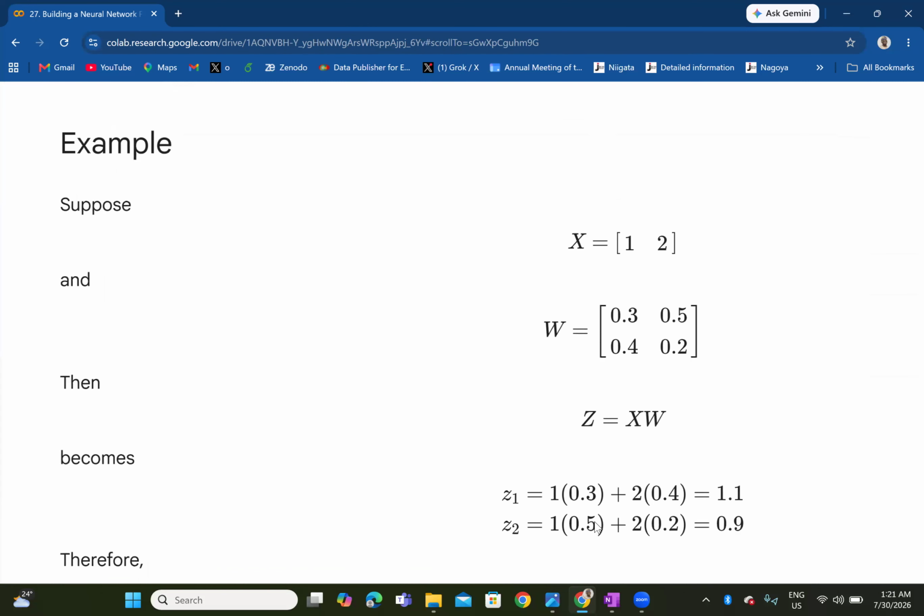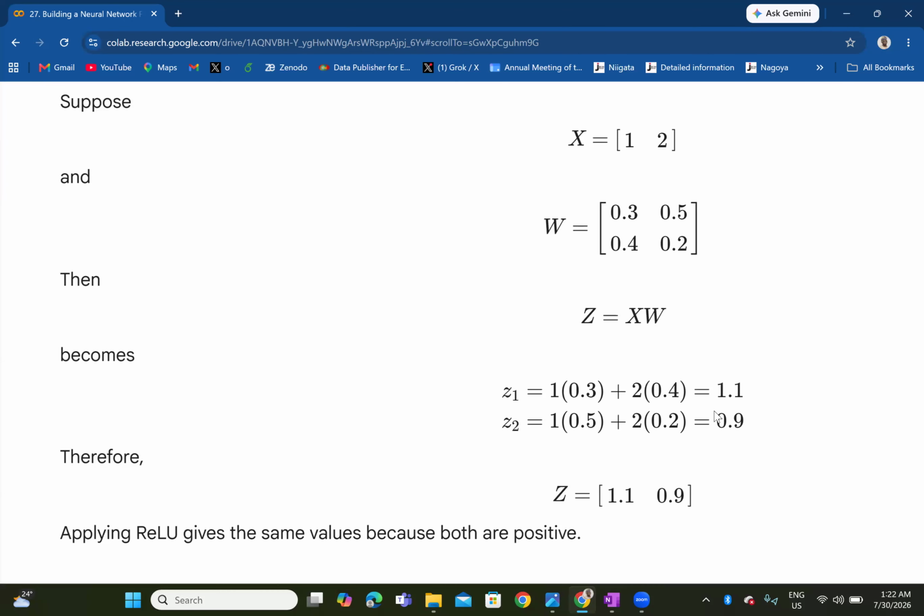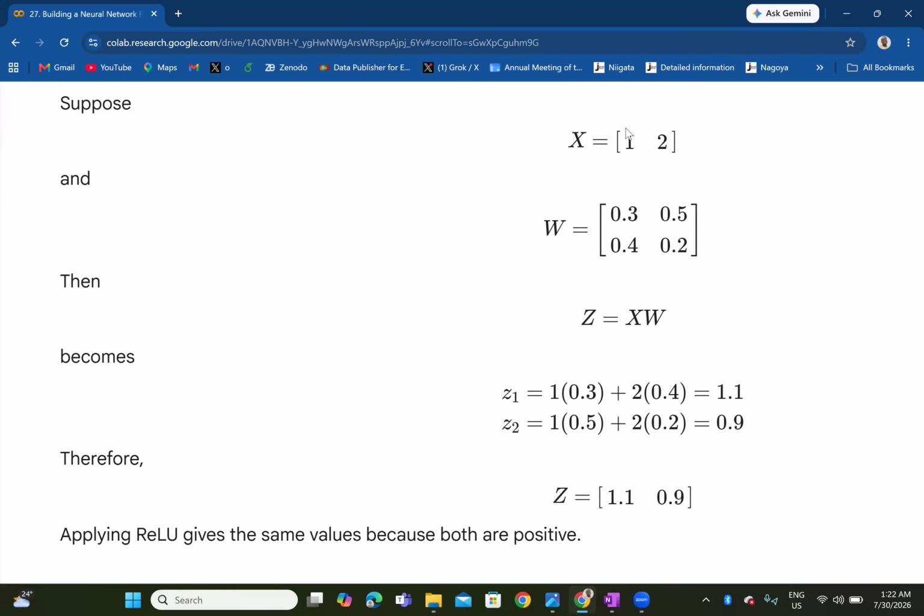So look at the example we can have here. Suppose X, the input, is [1, 2], and then we have weights 0.3, 0.5, 0.4, 0.2, and Z is XW. In this case, Z1 becomes 1 times 0.3 plus 2 times 0.4, which equals 1.1.